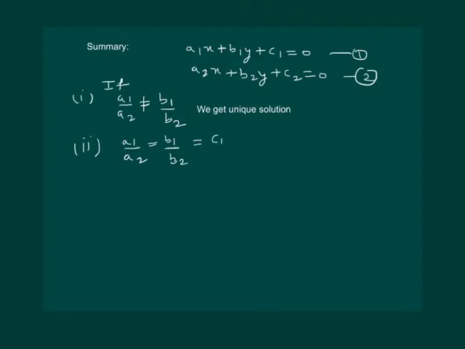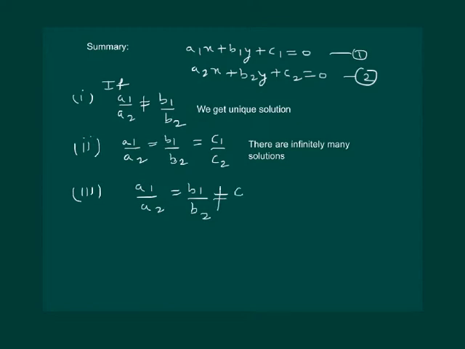If they are also equal to C1 by C2, then the equations have infinitely many solutions. But if A1 by A2 is equal to B1 by B2 but not equal to C1 by C2, then there is no solution of the pair of linear equations.